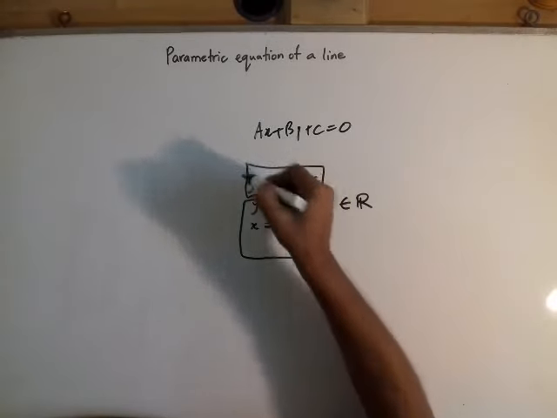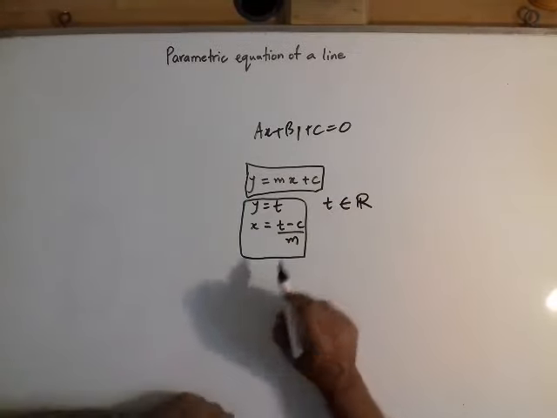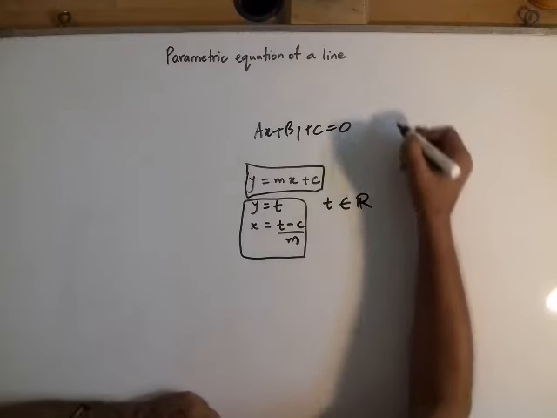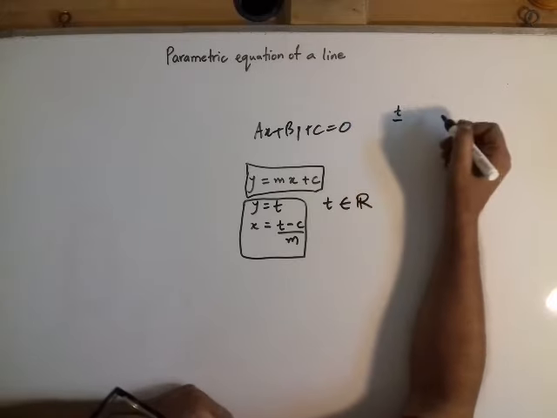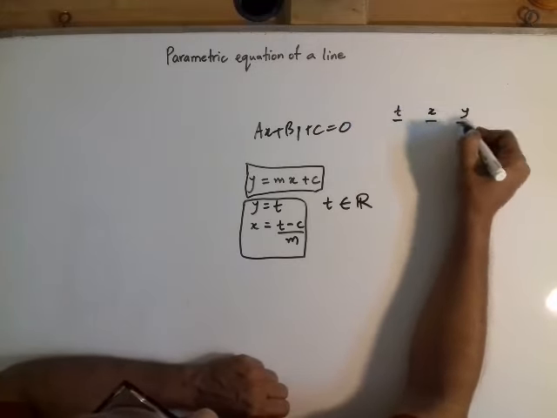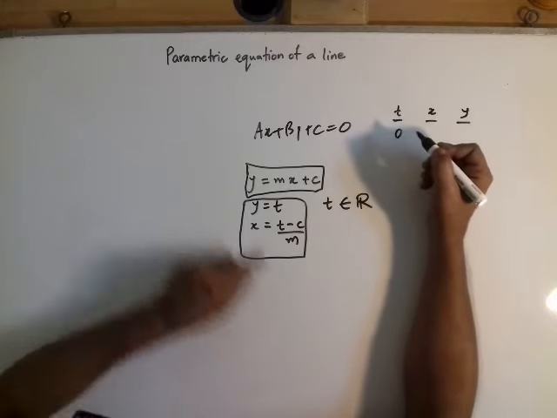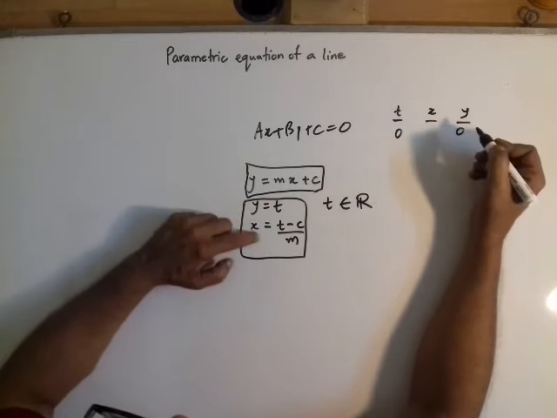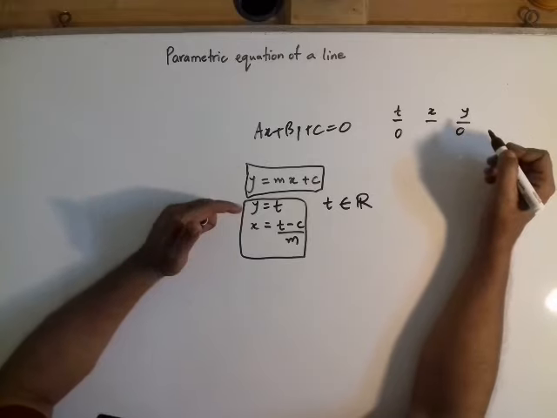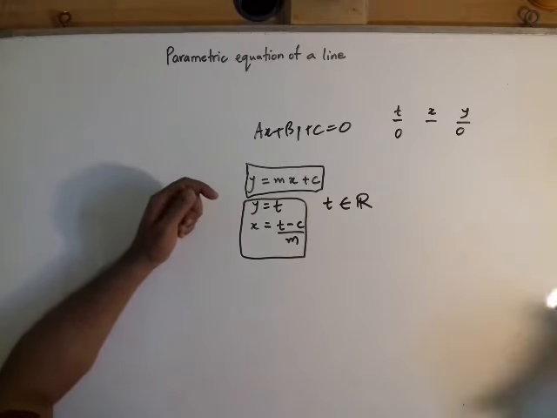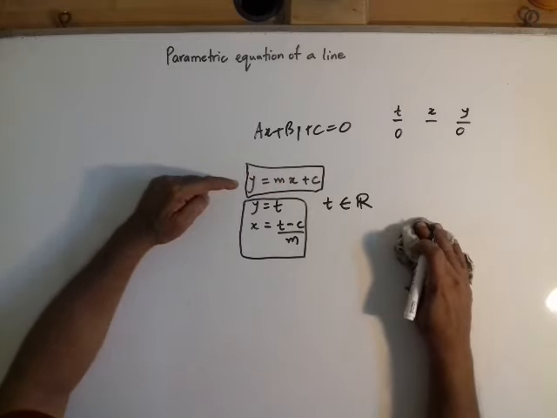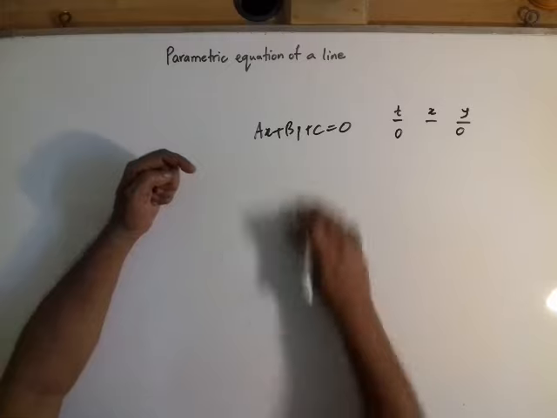Let's quickly see how that works out. Now t can be any real number, so I am going to take several values of t and calculate x and y. Let's say t is 0. If t is 0, y is 0. I'm going to take an actual line here, because we're not trying for a proof, we just want to convince ourselves.